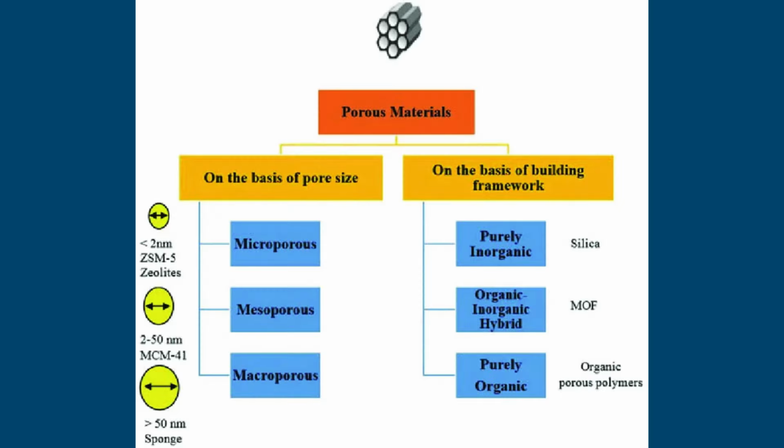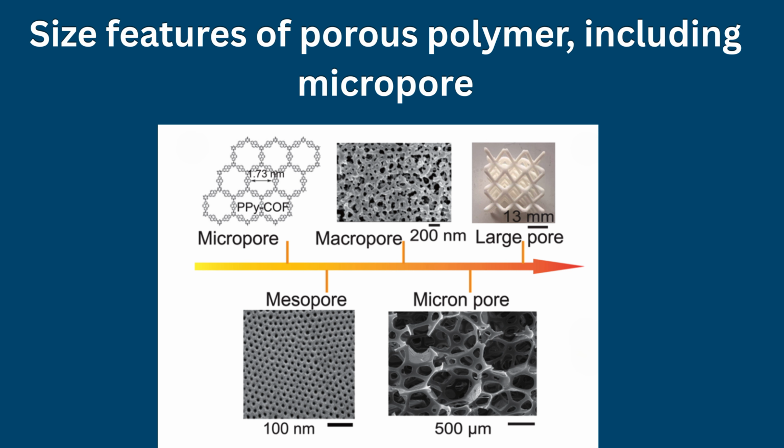Nanoscale pores, including micropores and mesopores, are primarily responsible for generating high specific surface areas, which are advantageous for adsorption, catalysis, and molecular separation. In contrast, larger pores facilitate fluid transport by reducing diffusion resistance and enhancing permeability. In practical systems, hierarchical pore structures that combine multiple size regimes are often employed to achieve a balance between surface area and transport efficiency.